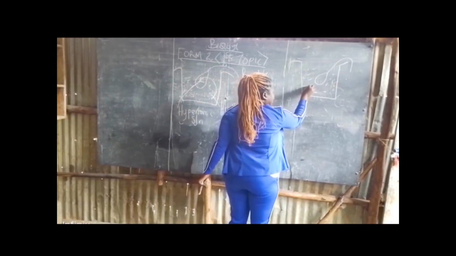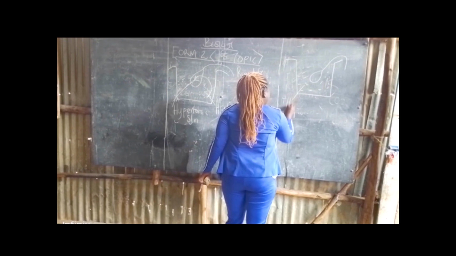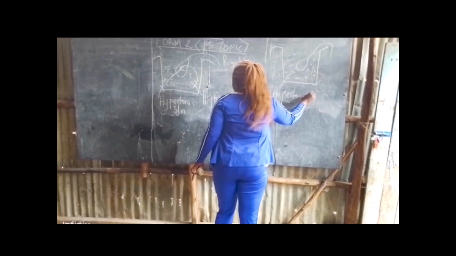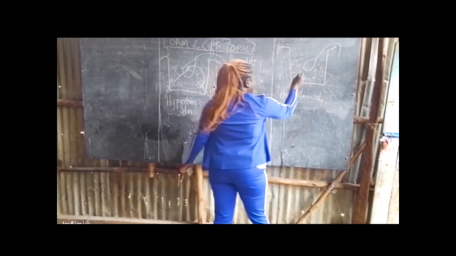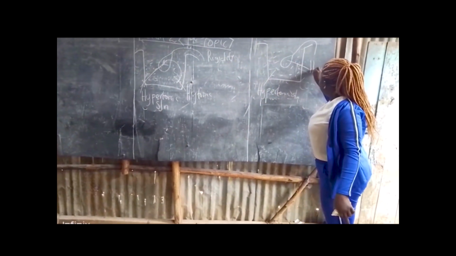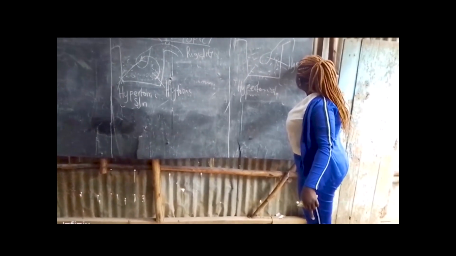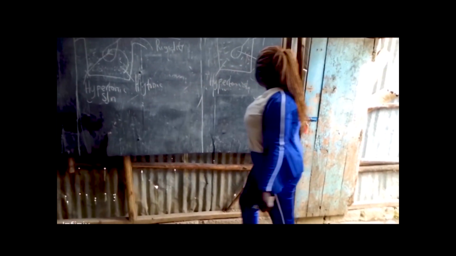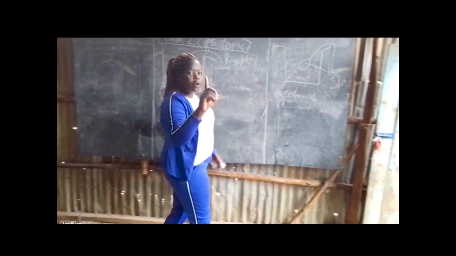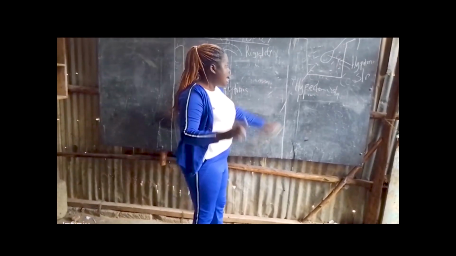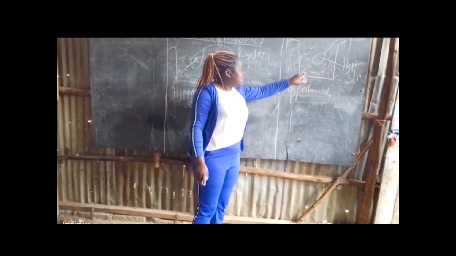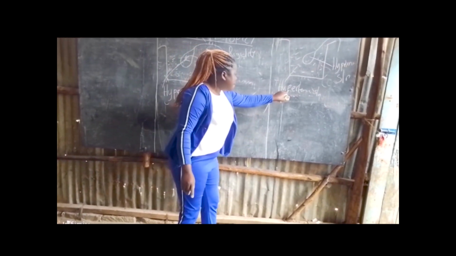Here, outside the cell sap is a hypertonic solution, and inside the cell sap, get me right, is a hypotonic solution. The solution inside the cell has a lower concentration compared to the outer solution in the beaker, which is hyper.